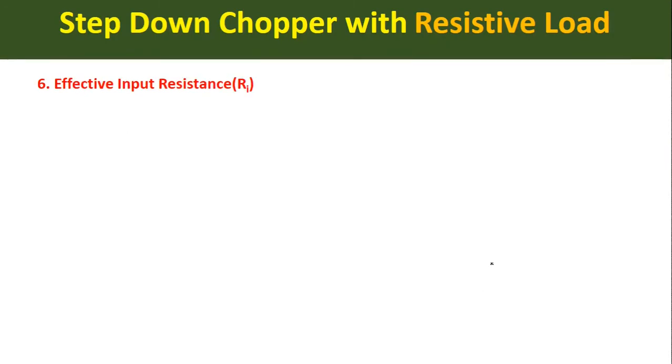Now we will find out the effective input resistance represented by Ri. The input power is represented by Pi is equal to Vs square divided by input resistance Ri.